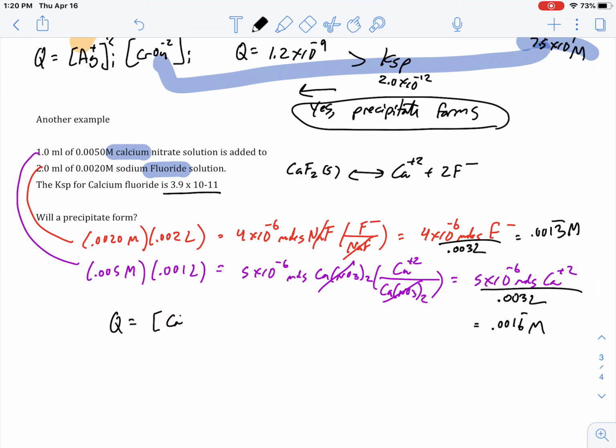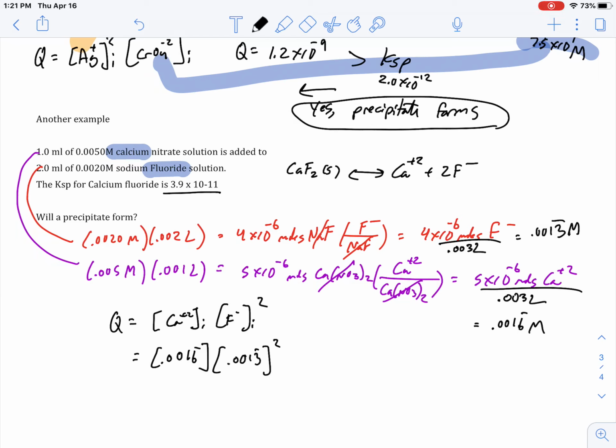Q is going to be equal to the concentration of the calcium initial times the concentration of the fluoride initial squared. We have our calcium to be 0.0016, repeating. We have our fluoride to be 0.0013, repeating. So let's see what we get.